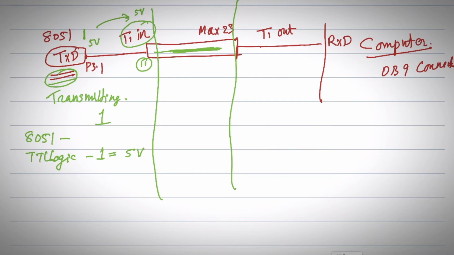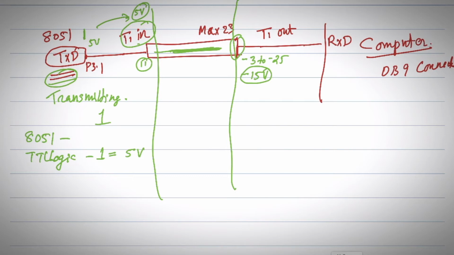So the 1 is represented by a voltage level between -3 to -25. The moment 5 volt appears at transmit in, at this T1 out of the MAX232, you will get some value. For example, let us say around -15 volt, something in between.